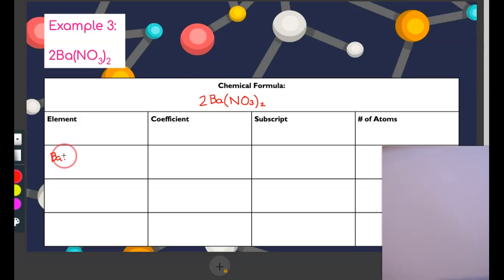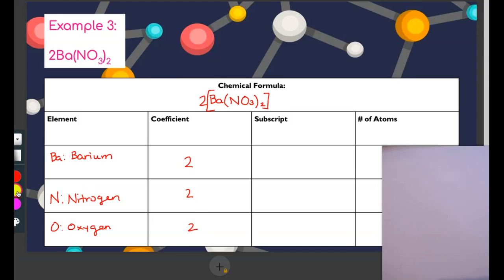We look at our periodic table for Ba, and we will see that that represents barium. Next, we will look at N, which we know stands for nitrogen, and finally, our O, which we know is oxygen. Next, we'll look for our coefficient. So I'll put my brackets here and I look for that big number outside of the molecule, which I can see is 2.